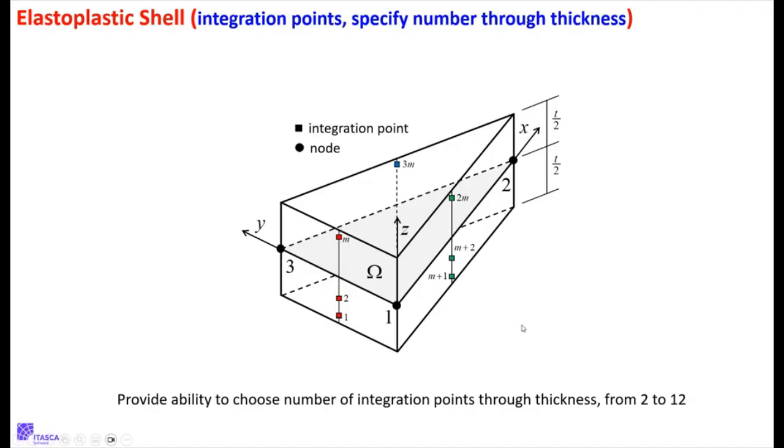So cool, I figured all this out, and I'm like, this is awesome. I want to have the user be able to choose how many integration points to use. It depends how important it is to get the answer exactly right or just close enough, so you can decide yourself how finely discretized it should be. So I said I'm going to go from 2 to 12. I'm going to let people do it with 2 or 3 or 4.